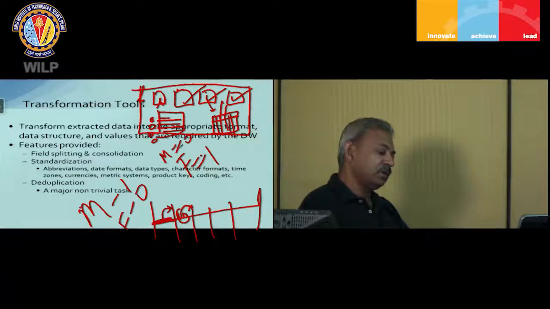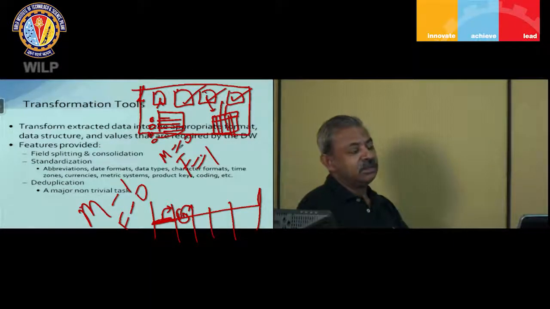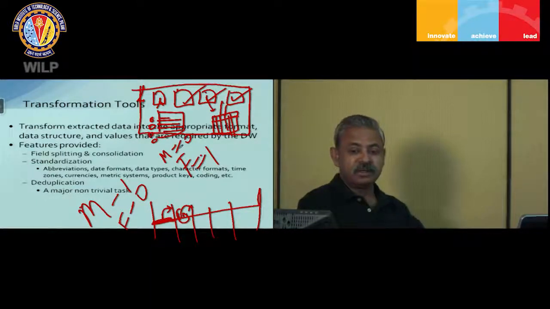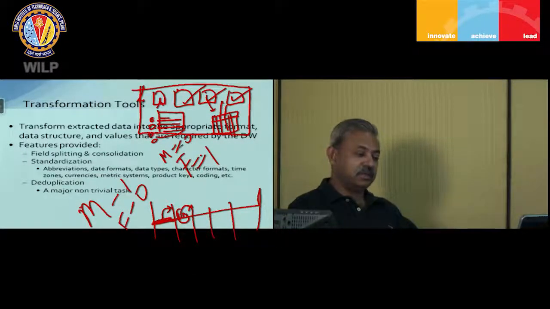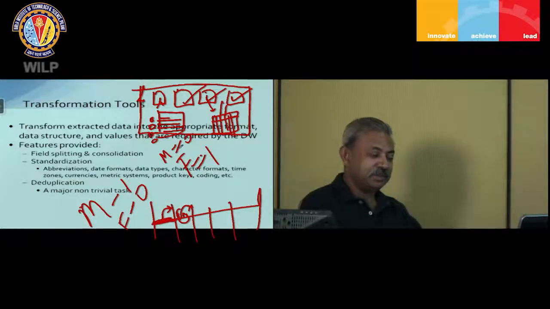Then we have what is called deduplication. Now deduplication as such appears very innocuous, right? Because we know that we can write a deduplication program, but it is actually a very tedious task. Say if I give you 100 million customers for a company, maybe 100 million is a bit too large a number, so let me say 1 million customers.